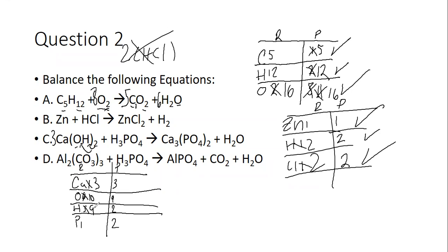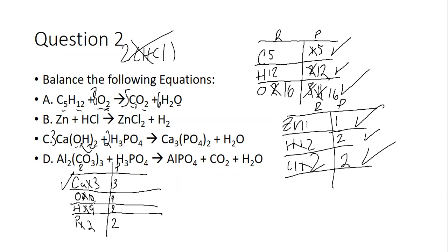Now, since we have our calcium balanced, I'm going to do my best not to try and mess with calcium. We can go on to phosphorus. 2 on the right, 1 on the left. So let's put a 2 there. So our phosphorus goes to 2. Now to count our hydrogens. So I have 2 times 3, which is 6, plus another 2 times 3, which is 6.